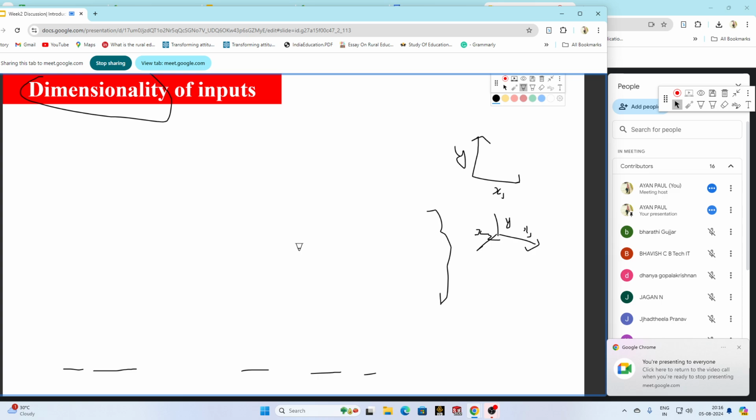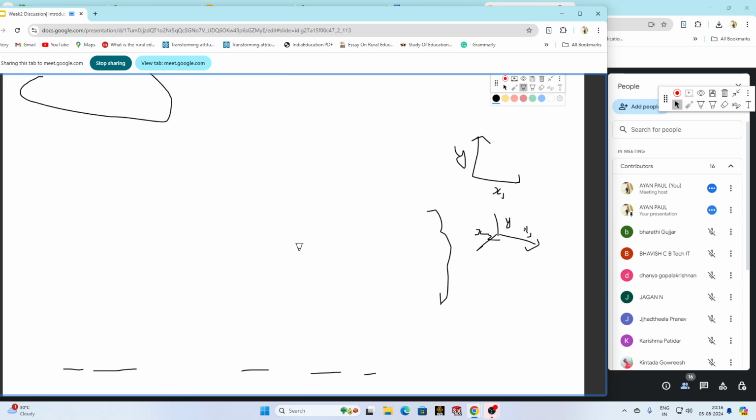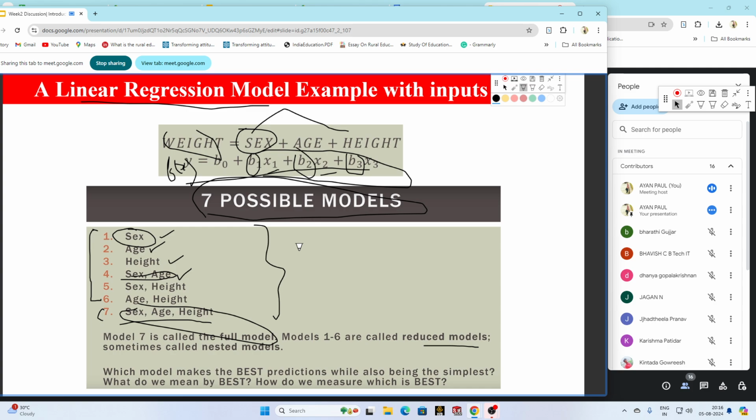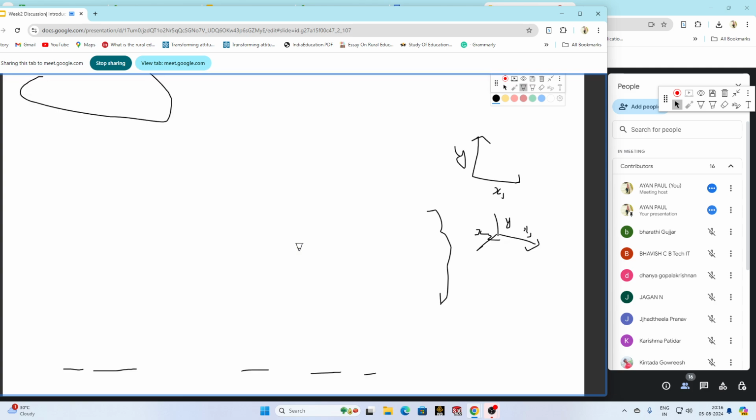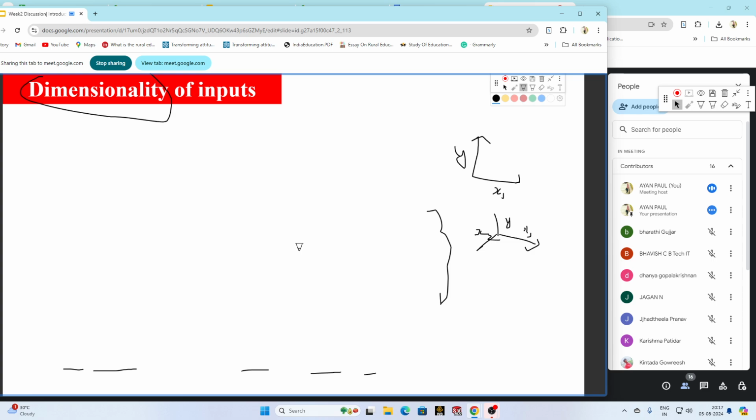Dimensionality of input means the number of inputs; dimension means number. For a small model up to 3 inputs it is okay. But there can be real-life problems in which the inputs go to more than 3. The inputs can even go to 100 or 1000. In that case there is a problem of dimensionality.